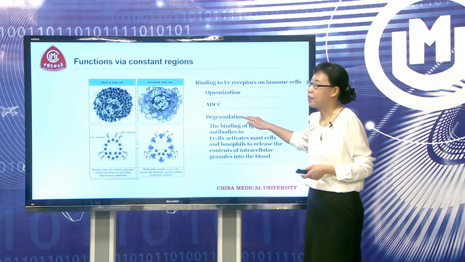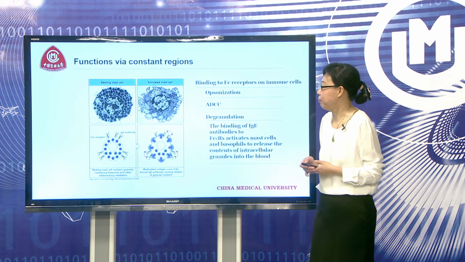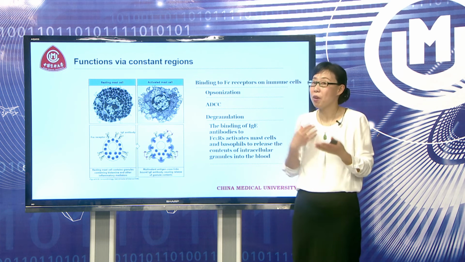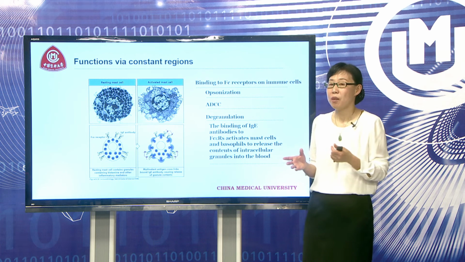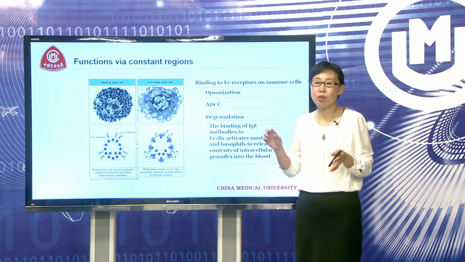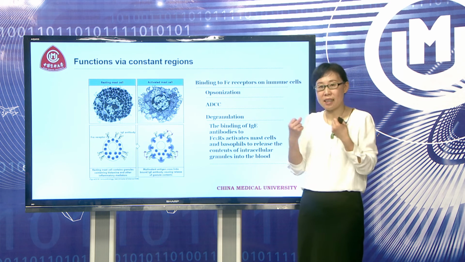Next one, degranulation. Degranulation refers to that, as you see, in our body we have mast cells and basophils. Mast cells usually exist in the tissues, and basophils in our blood circulation. And those cells are similar.